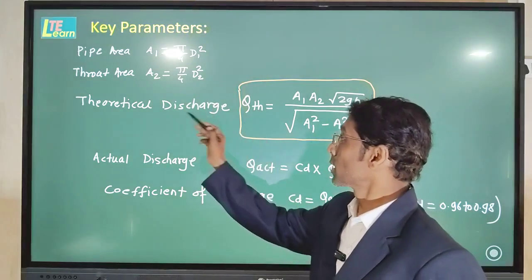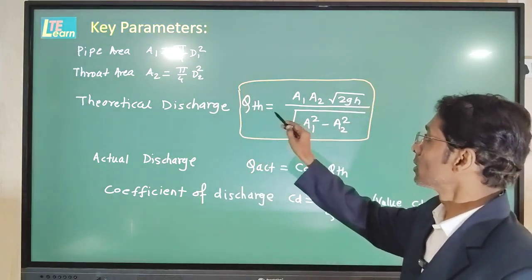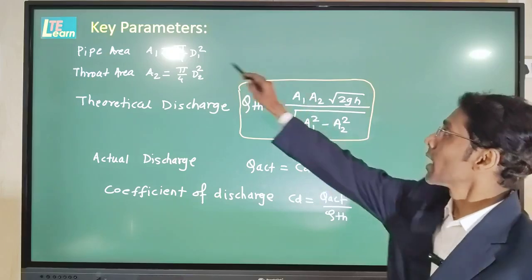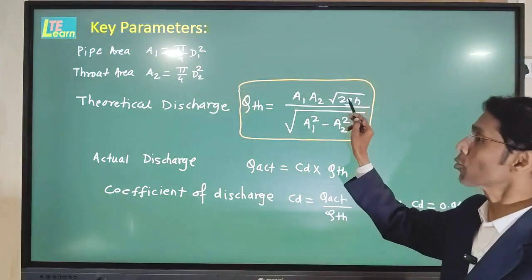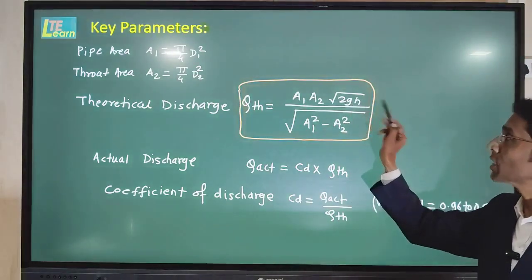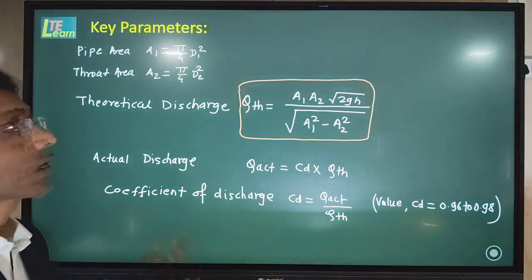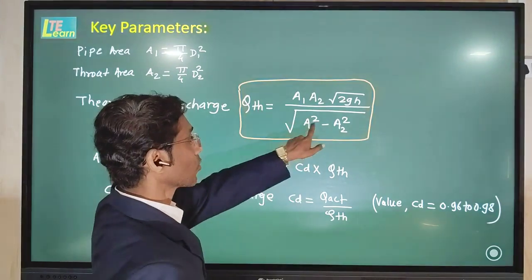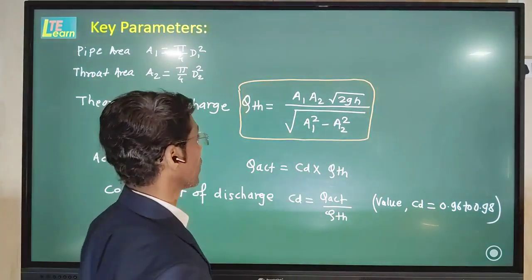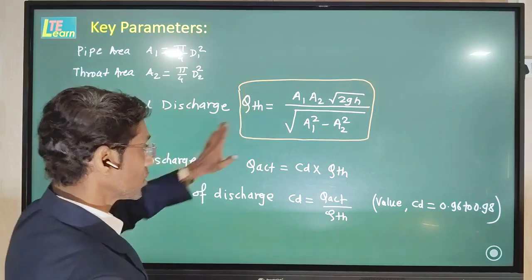Now the theoretical discharge formula we use is QTH is equal to A1 into A2 multiplied by square root of 2GH, where H is the Venturimeter head we saw in the last slide, divided by the square root of A1 square minus A2 square. By using this formula we calculate the theoretical discharge.